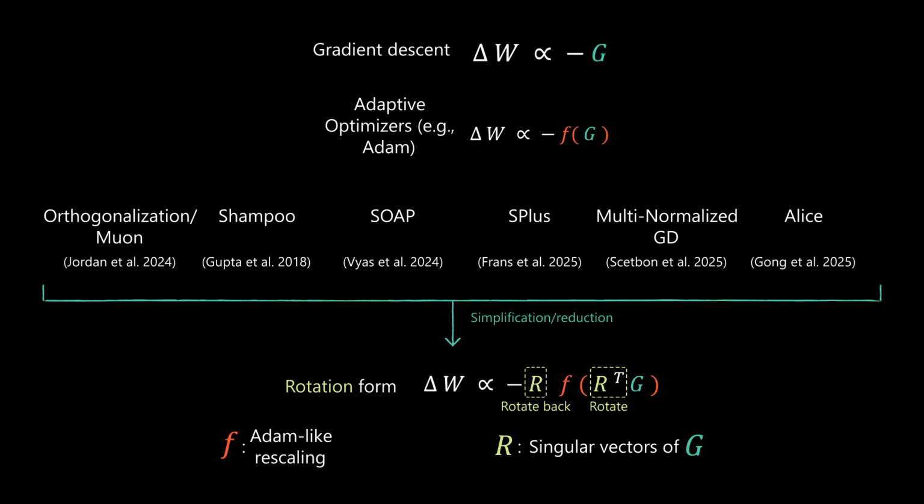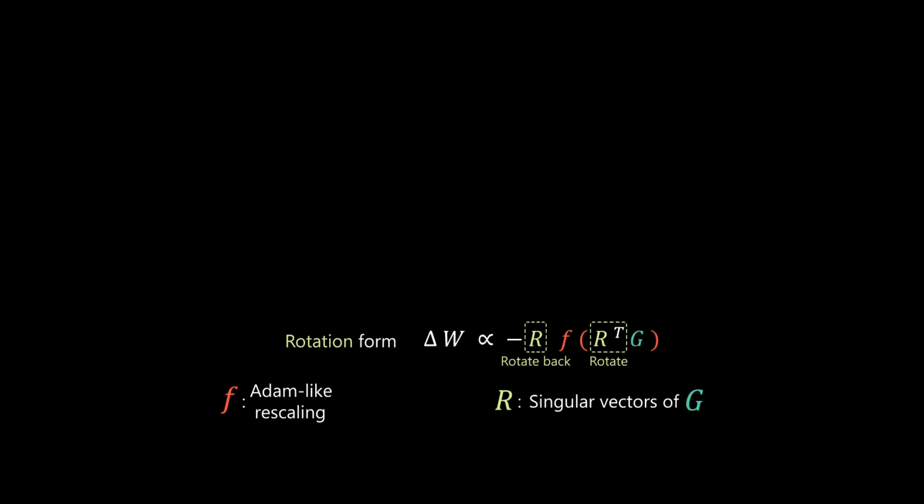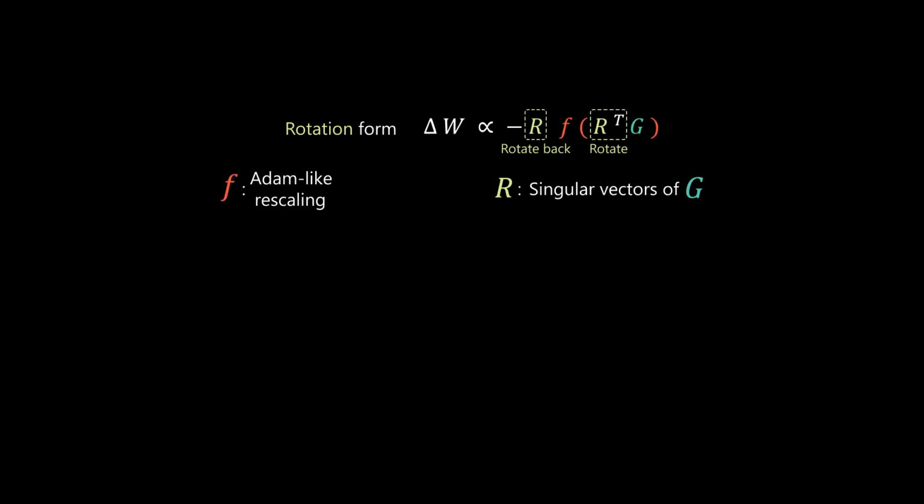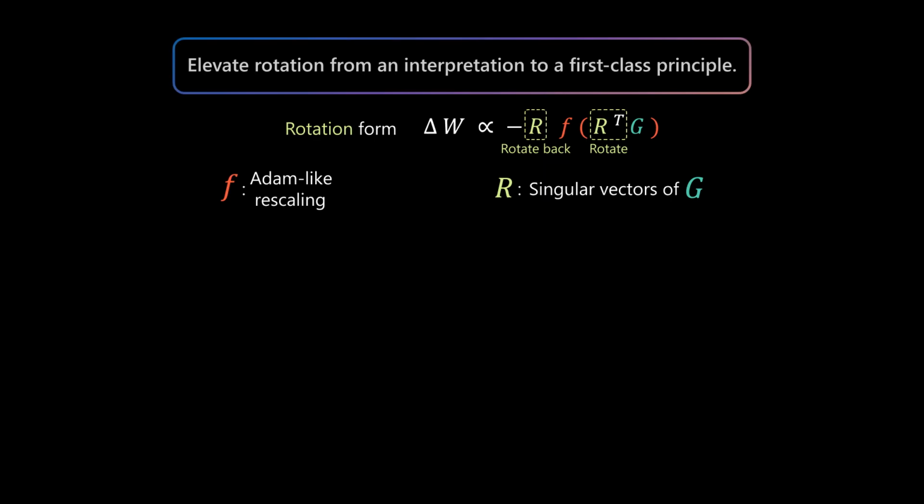In the literature of matrix optimization, F is typically a variant of Adam, and R is chosen as the singular vectors of G. This reinterpretation is not entirely new, but based on the insights from our research, we believe rotation should not just be a reinterpretation, but instead a core principle for optimizer design.